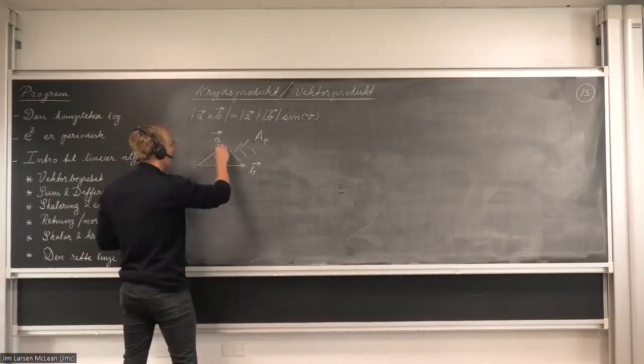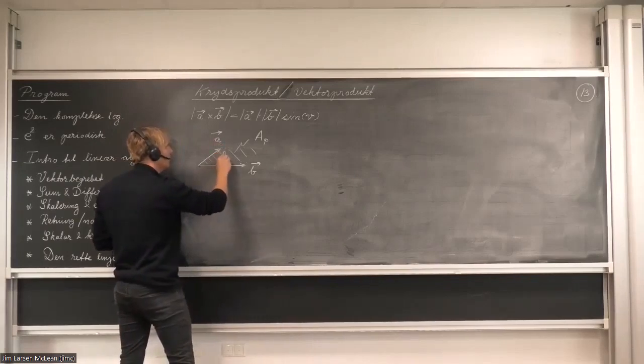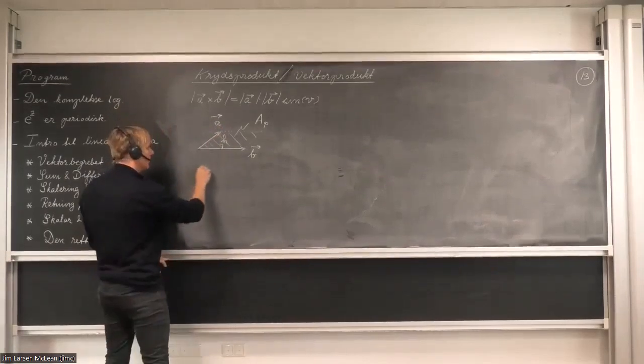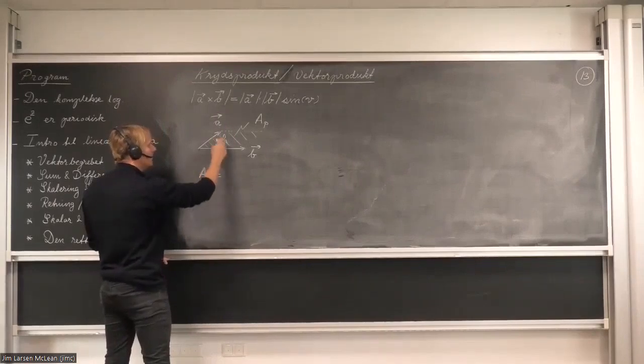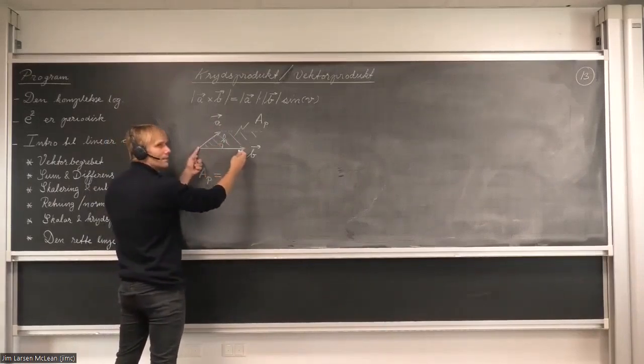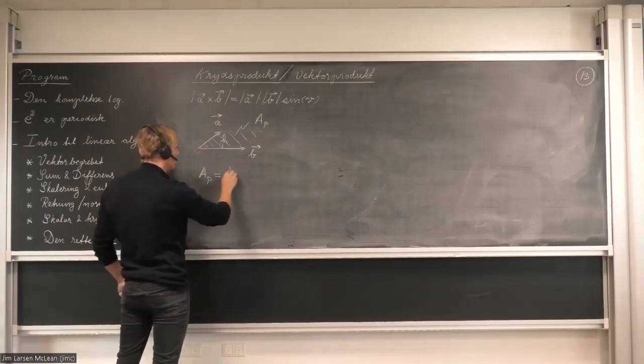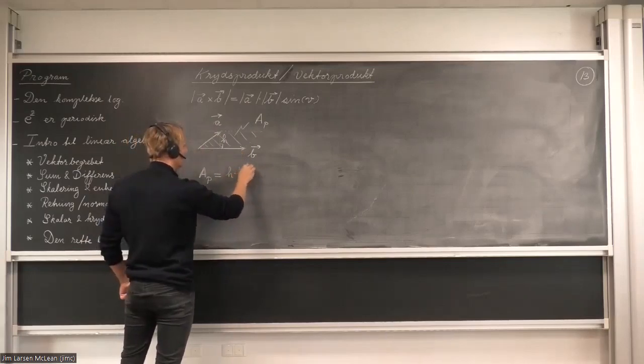So if I just draw the height here and call it h, then I can write down for you what the area of the parallelogram is. It's just h times the length of vector b. Are you following? It's h times the length of vector b.